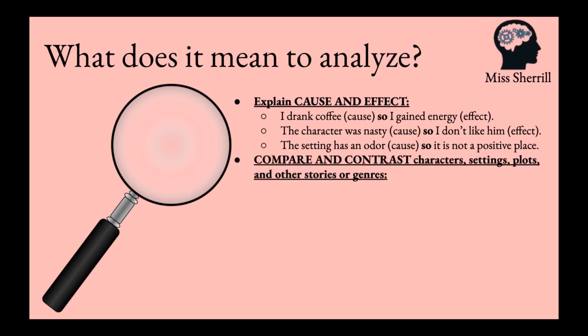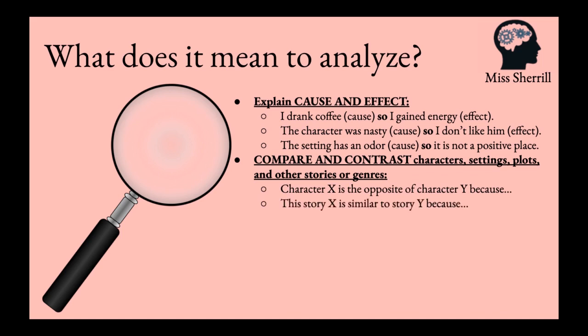We can also compare and contrast. We can compare and contrast characters, settings, plots, and other stories or genres. For instance, the character X is the opposite of character Y because... the story X is similar to story Y because... the setting in this story X is similar to story Y because... Also, take note of the sentence structures of both explaining a cause and effect relationship and comparing and contrasting.